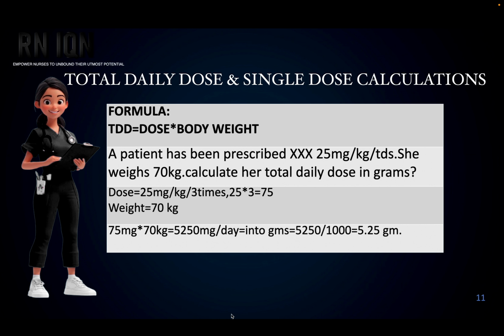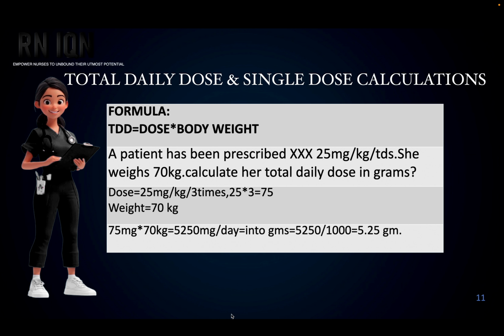So once you have the formula, the total dose is 25 milligram per kg 3 times a day, that is 25 into 3, that is 75 mg, and multiply that by the weight of the patient, 70 kg, that is 5250 milligram per day.